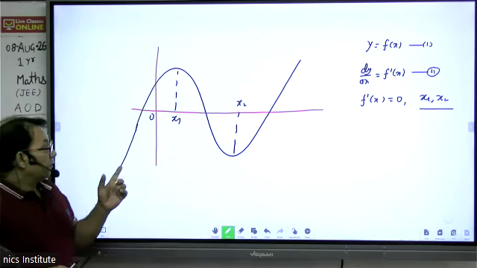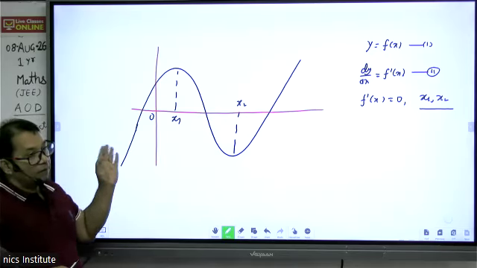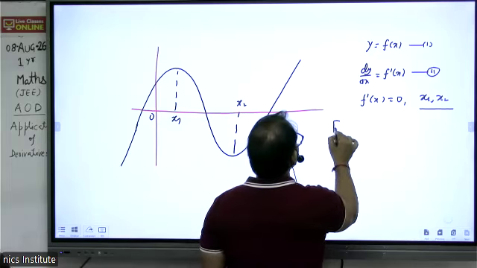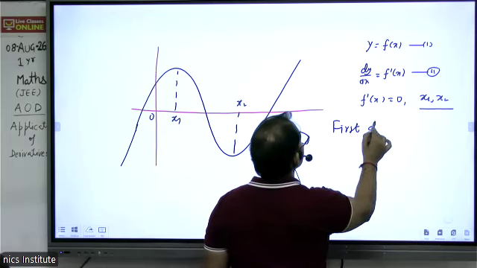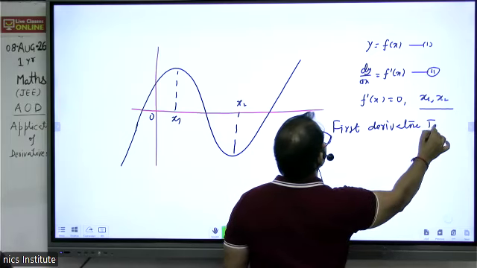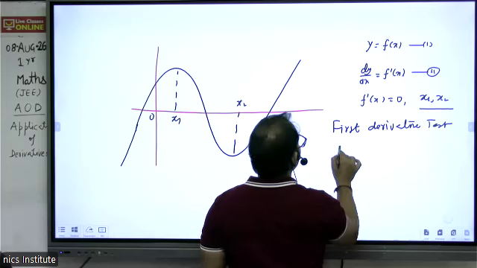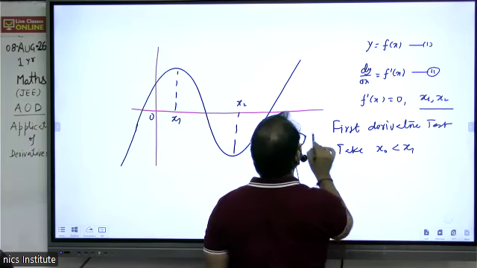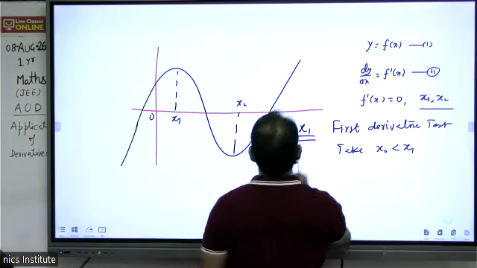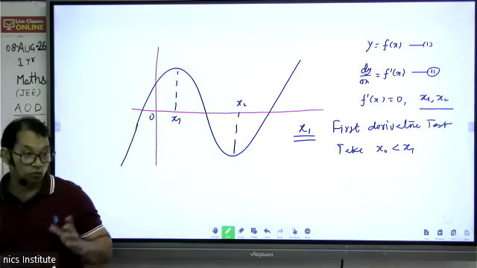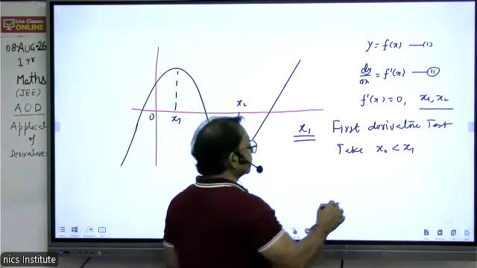From the graph, on the left of x1 क्या हो रहा है? Function is increasing. So in the first derivative test, तुम क्या करोगे? Take x naught on the left of x1. We are discussing whether x1 is a point of local minima or maxima. Take some point x naught on the left of x1. Substitute in the derivative.